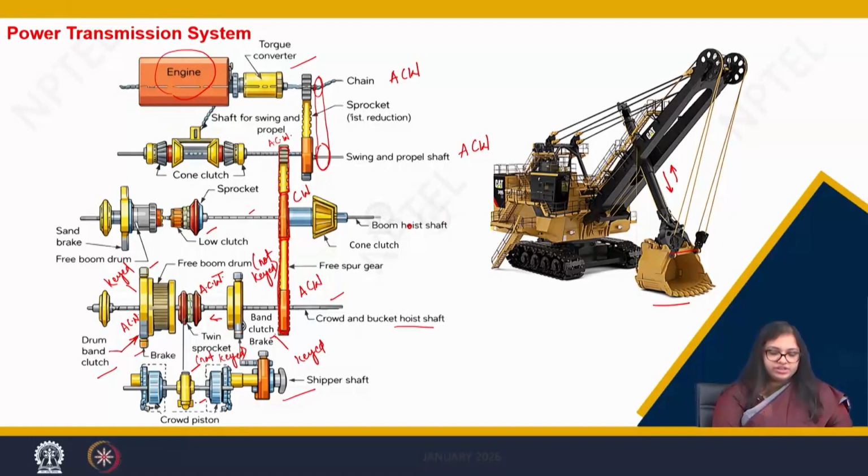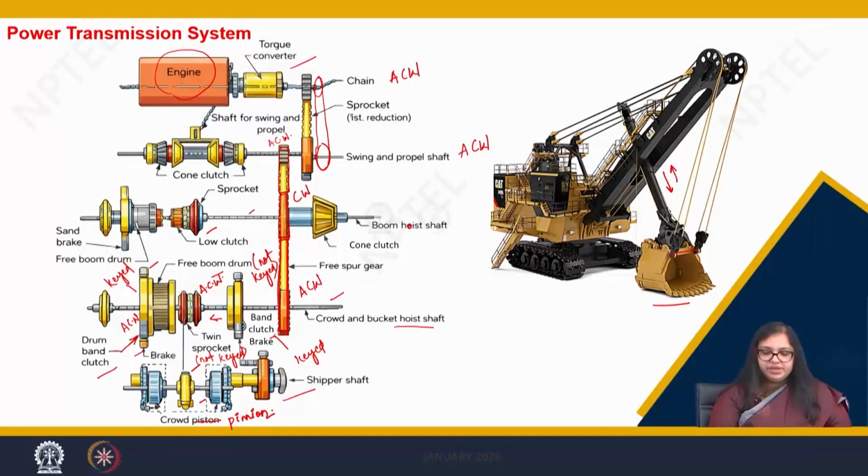So, this sprocket also starts rotating in anti-clockwise direction, and when it does, it would push this crowd pinion. So, this is the crowd pinion.